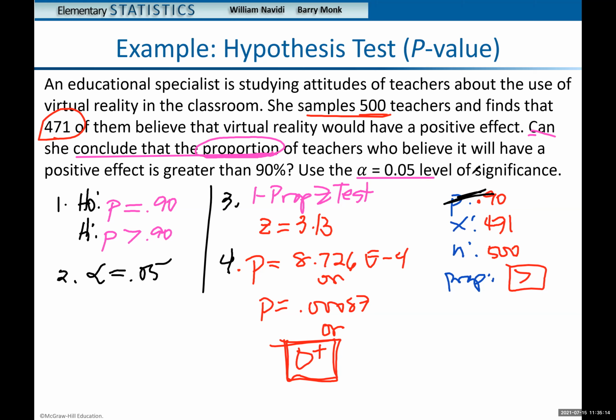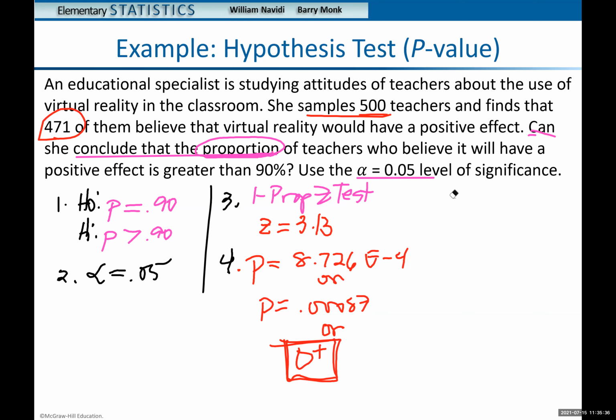And that also tells you, whenever you see 8 point something, oh, the p value cannot be that big. No matter what, your p value should be between 0 and 1. Don't forget that.